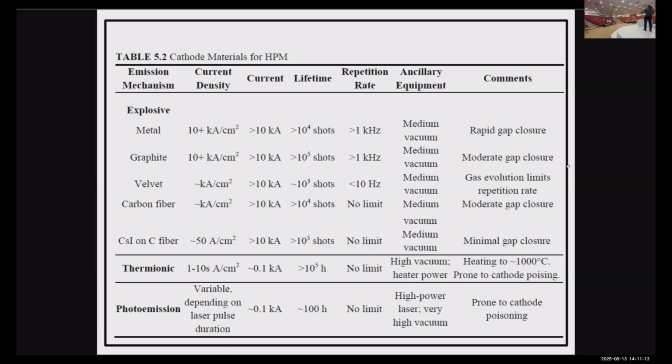Every time you have a micro point explosion, it happens at a microscopic level, so don't think of it as a bigger event. After this explosion you generate new micro protrusions, new micro points, but they are reduced after a couple of shots.